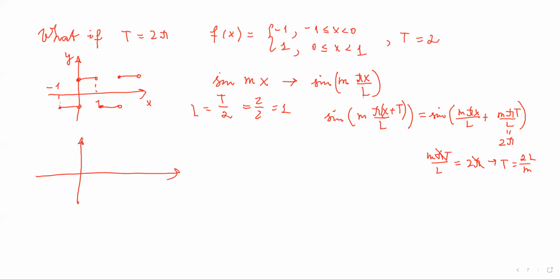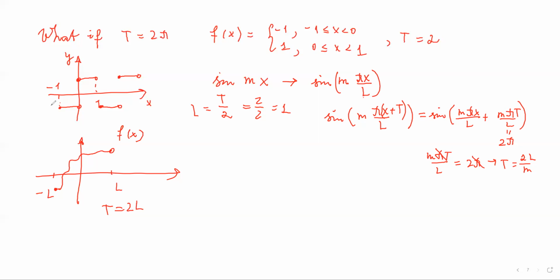Imagine that we have a function which goes from negative L to L, and that's one period of the function. The function can look any way, like this, for example. It's not necessarily supposed to be a continuous function.